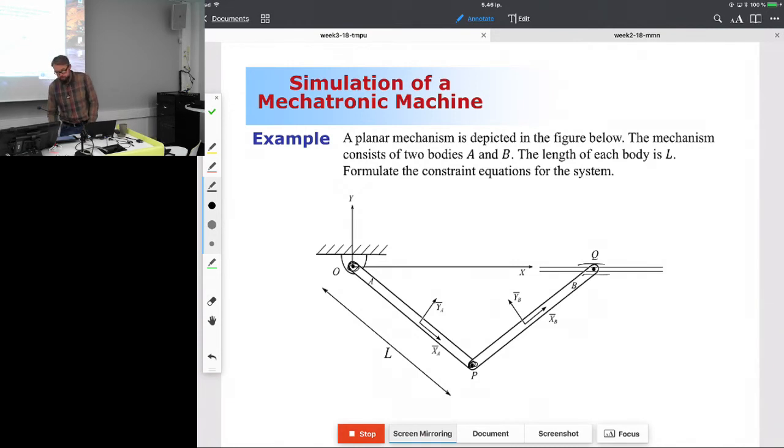The primitive joint prevents the motion of this particular point Q in the global y direction. So it cannot travel in that direction. Okay? What is the number of degrees of freedom?